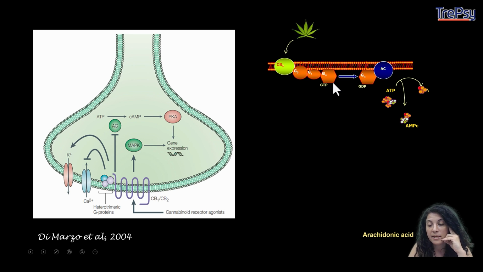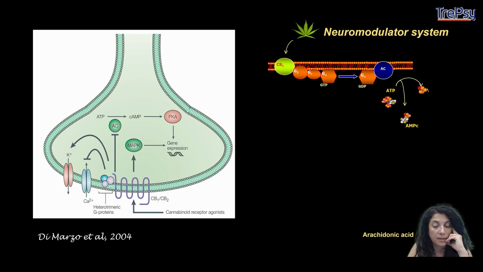So my neurotransmitter release is blocked. So the cannabinoid system is a neuromodulator system.